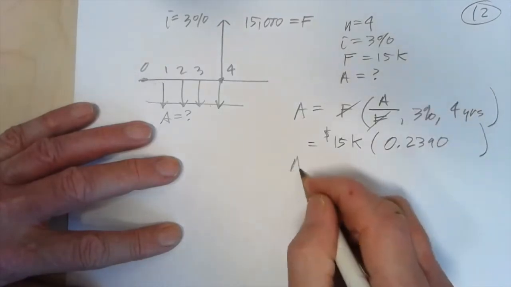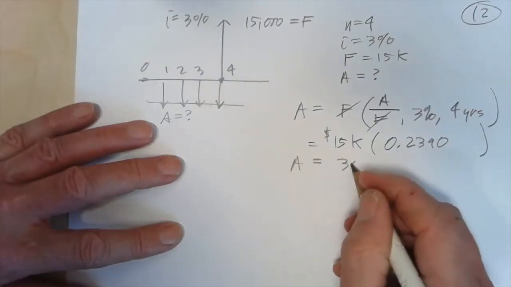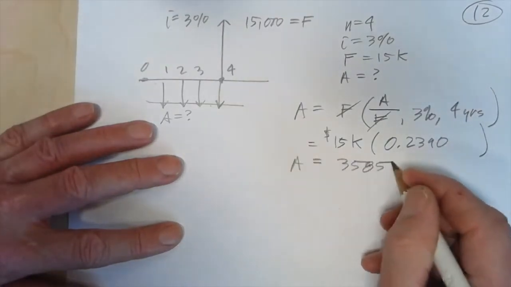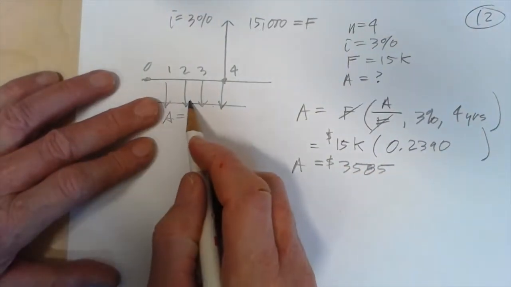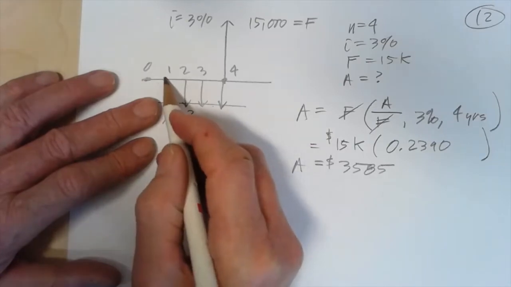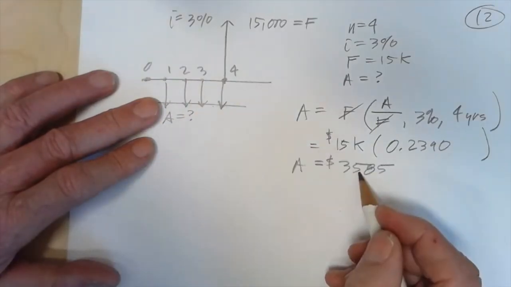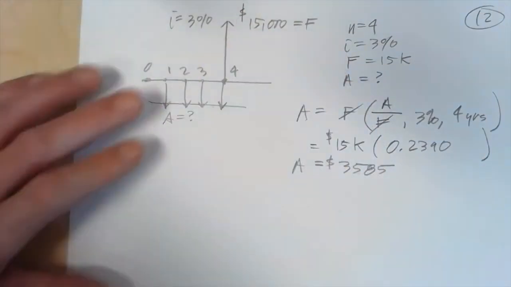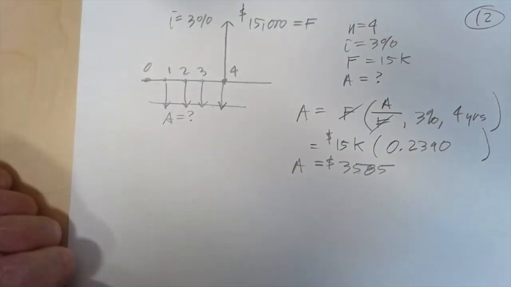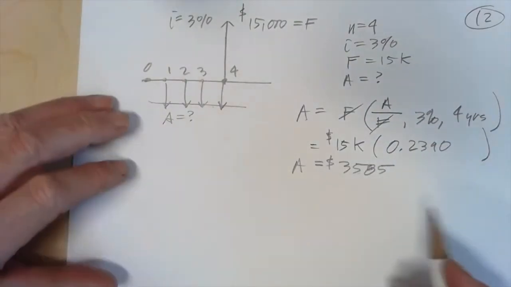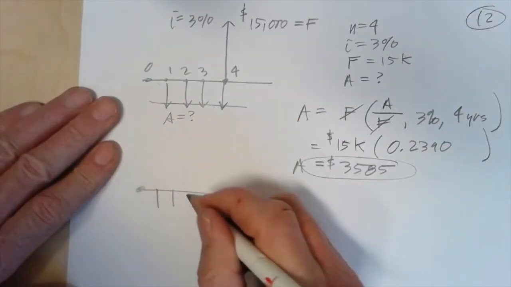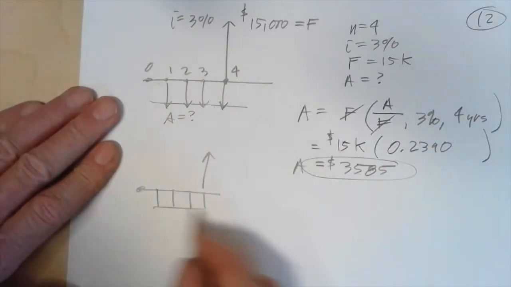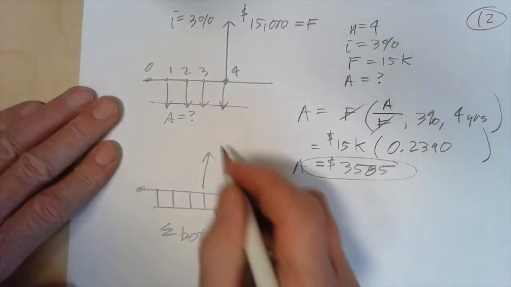So my A is equal to $3,585 that I have to invest, or put into my savings account, at the end of each year for 4 years, and it will have $15,000 at the end of 4 years if it were to gain 3% a year. All right, let's do something here. This is what I always like to do: you sum the bottom and you sum the top.